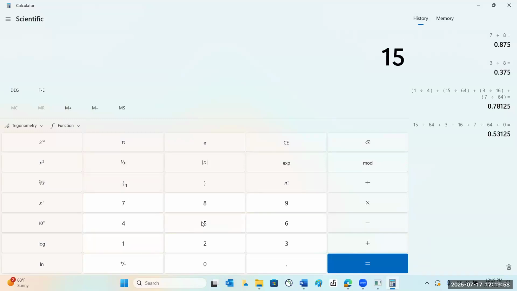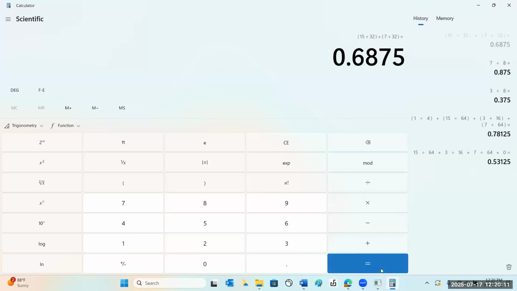So we have 15 divided by 32 plus 7 divided by 32, which is 0.6875.